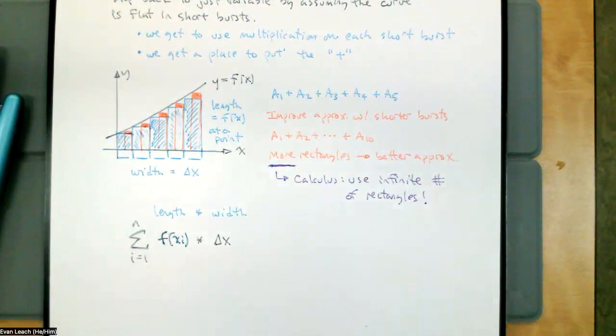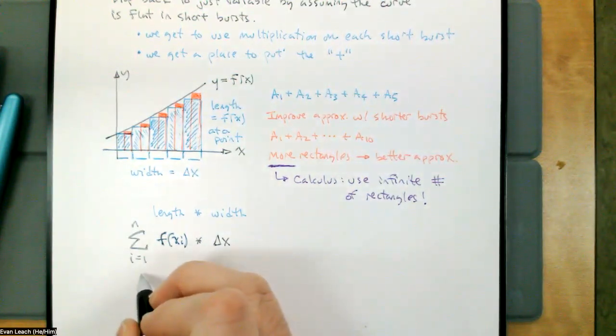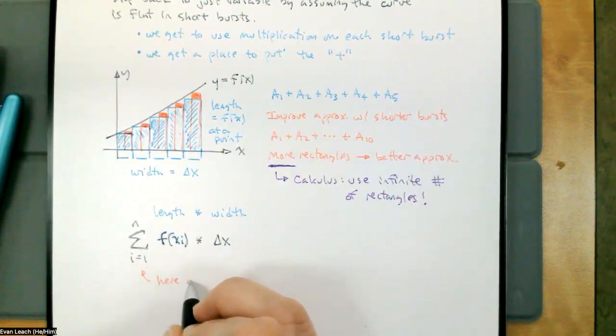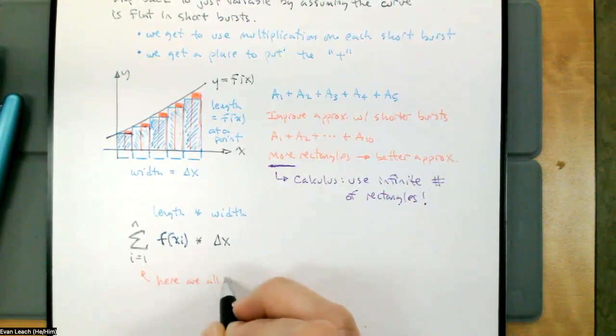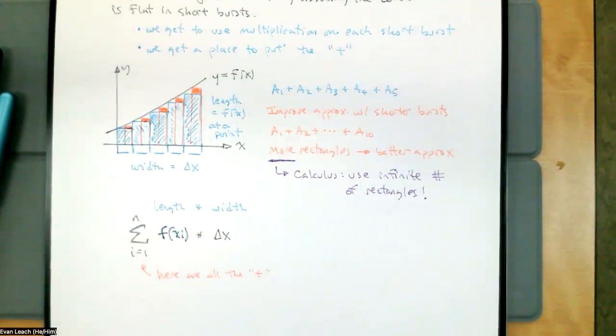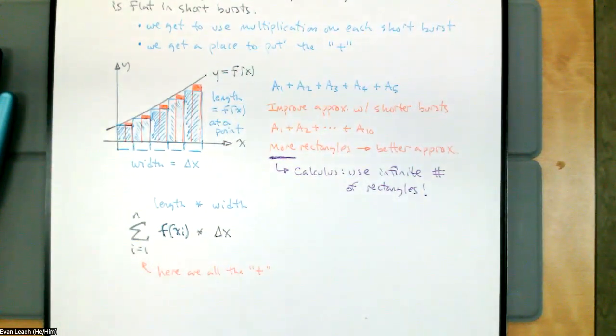So here, this is us adding up all the rectangles. And then we're going to do the calculus thing, let the number of rectangles go to infinity.